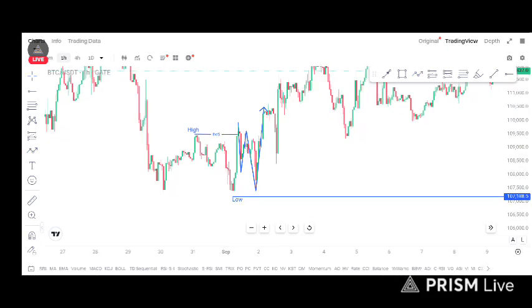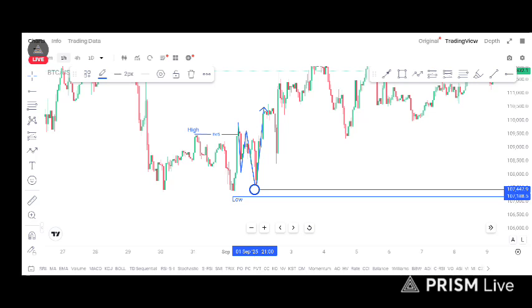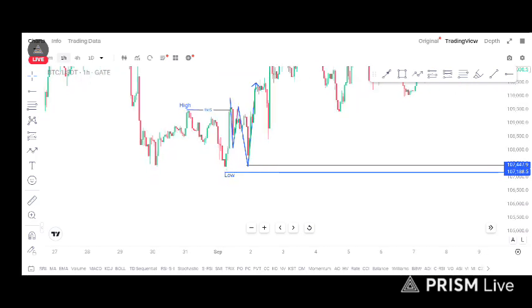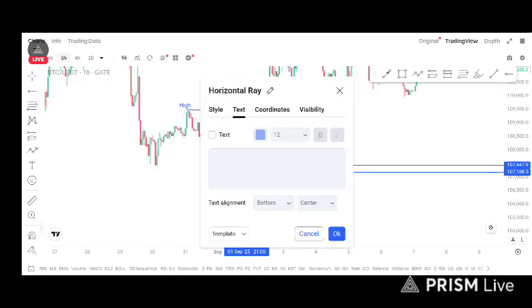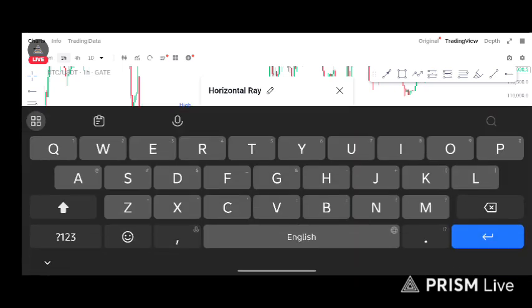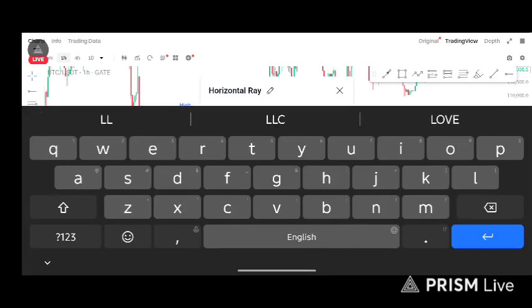I see it. So where is going to be our lowest point here? It is going to be this guy. Okay, and this guy is going to be our lower low.